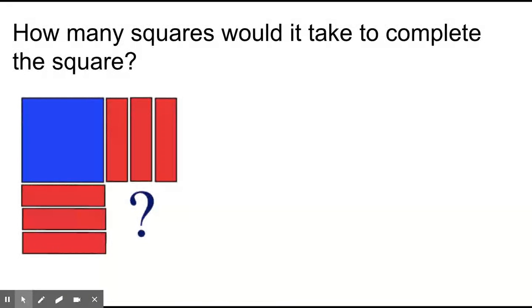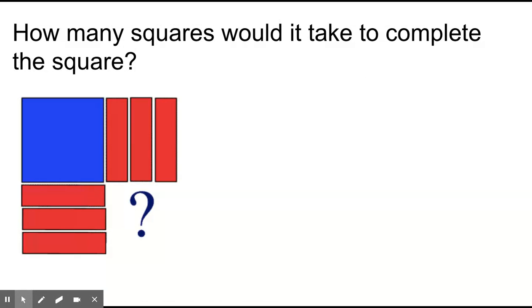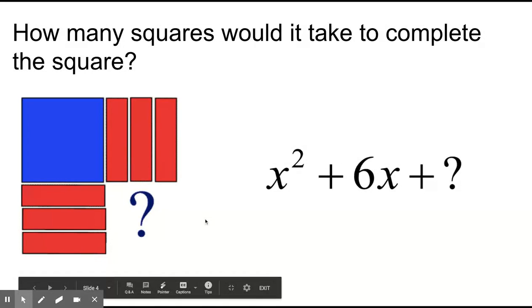How many would it take to complete this image? And again, if we look at our picture, how many x squareds do we have? And how many x's do we have? So you should have said we have 1 x squared, because that's this blue square, right? That's our x squared. And then we have 1, 2, 3, 4, 5, 6 x's, those bars.